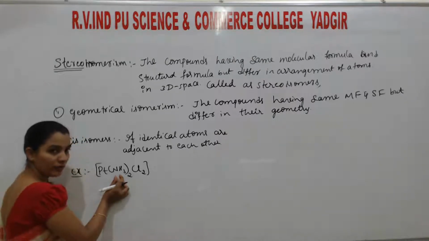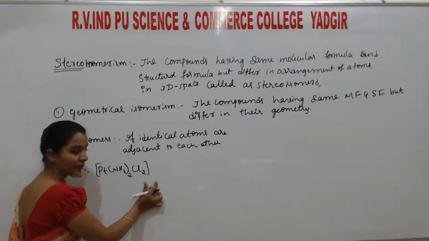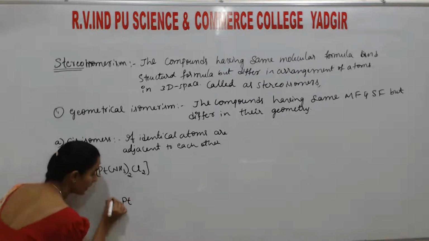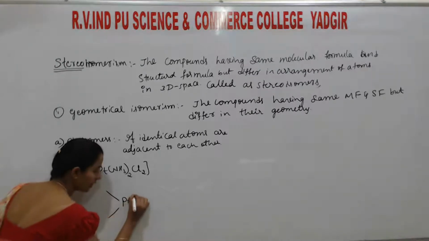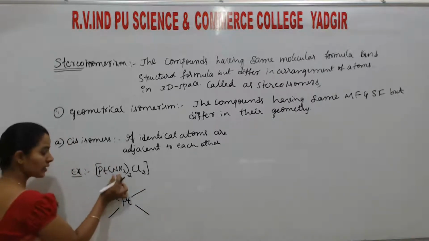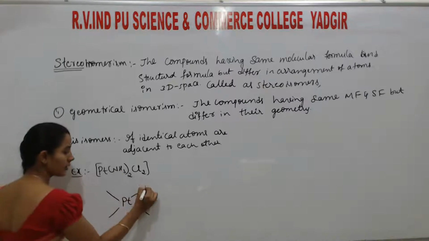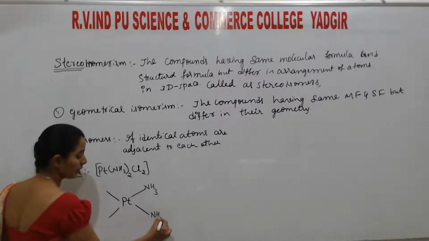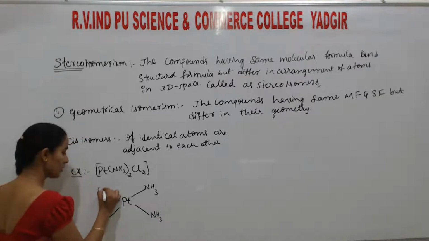This is one type of identical atom, and this is another type of identical atom. If I write the structure, the platinum structure is like this, square planar. Which are the identical species here? This NH3 and NH3. Here it is Cl and Cl.